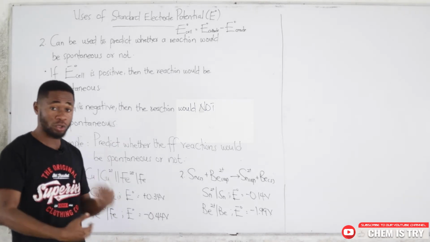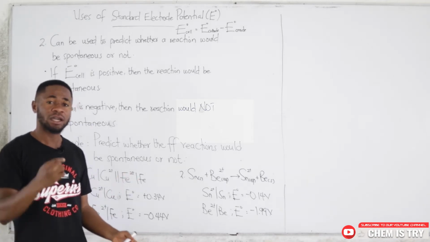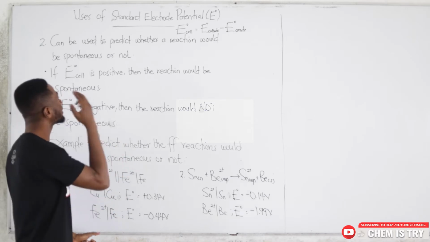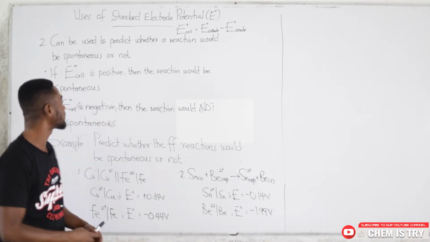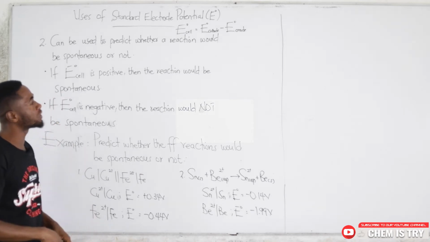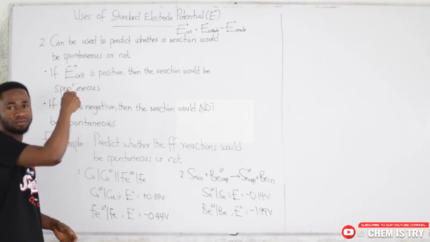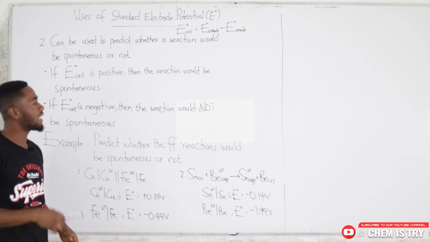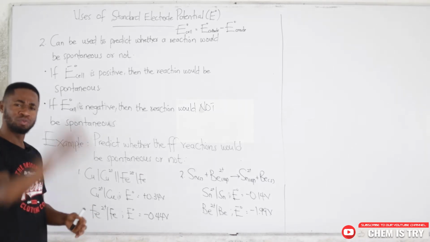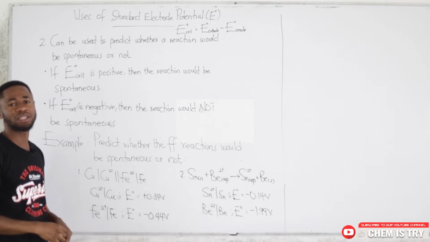So whether or not a reaction can form a galvanic cell can be deduced using the standard electrode potential values. But how? When we use the standard electrode potential values to calculate the total EMF of the cell and we get a positive number, it tells us that the reaction would be spontaneous and it will occur as it's supposed to in a galvanic cell.